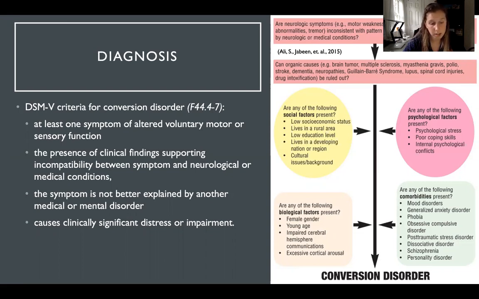The chart on the right just breaks down how to diagnose conversion.